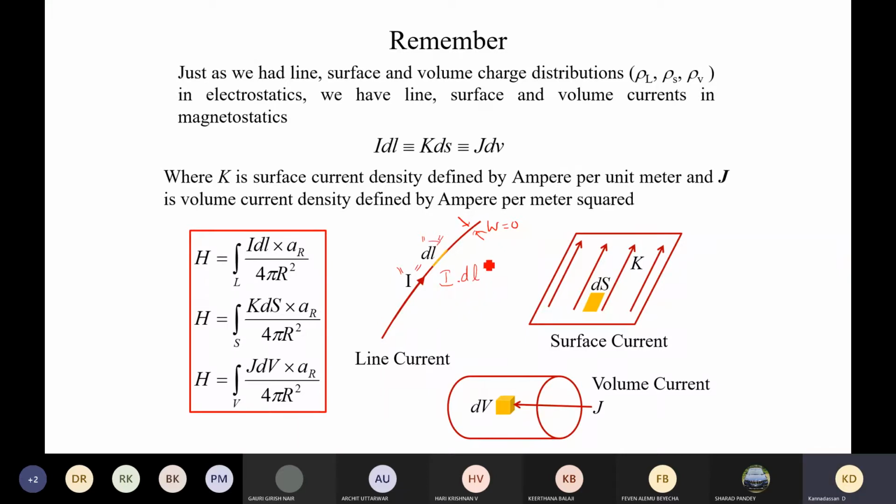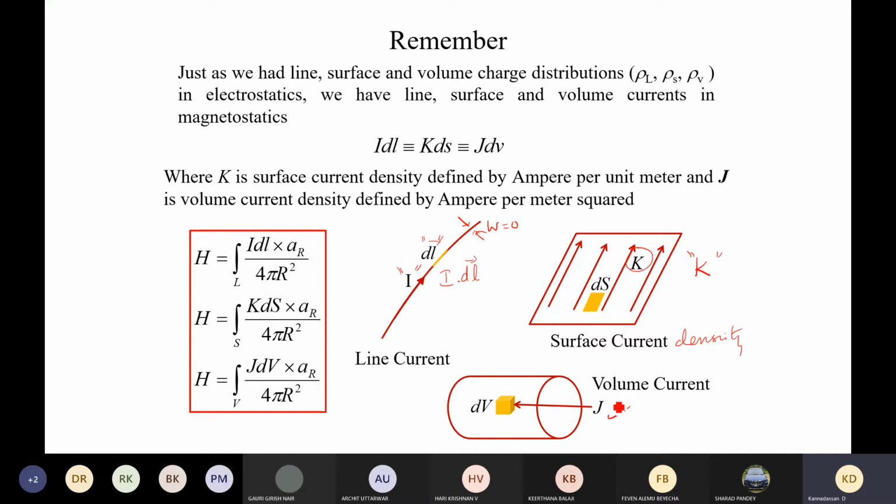And this vector, of course, will come into the picture. In case of surface current density, it is given by the factor K. And for a volume, J will be coming into the picture.